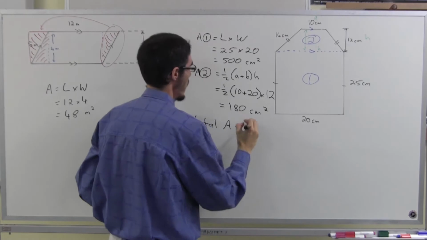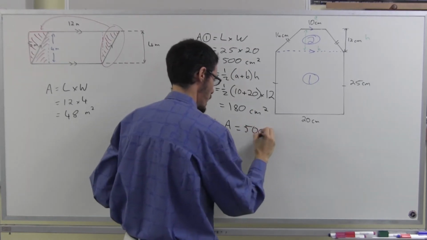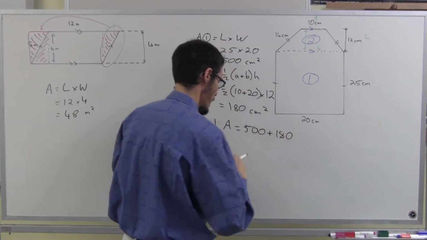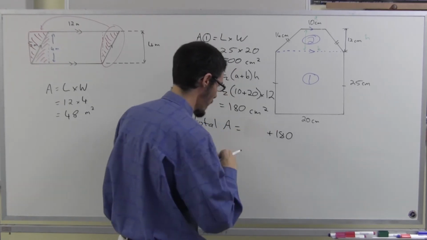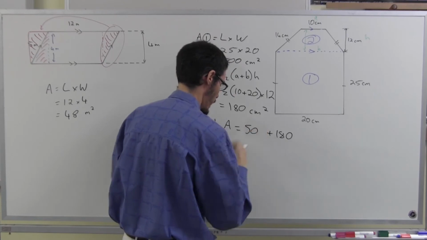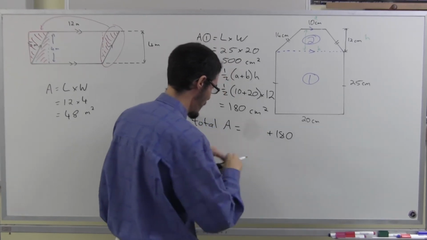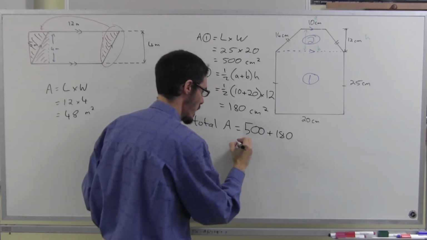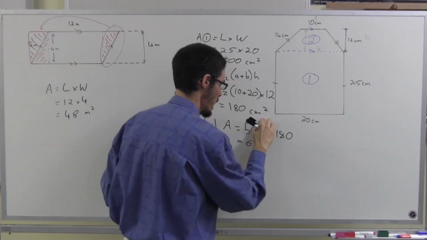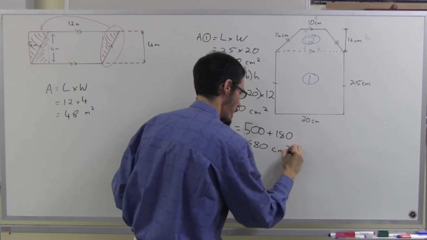Total area is 500 plus 180. It was a messy 5, wasn't it? Oh, it's getting even messier. Very messy today. 500 plus 180, which is 680 square centimetres.